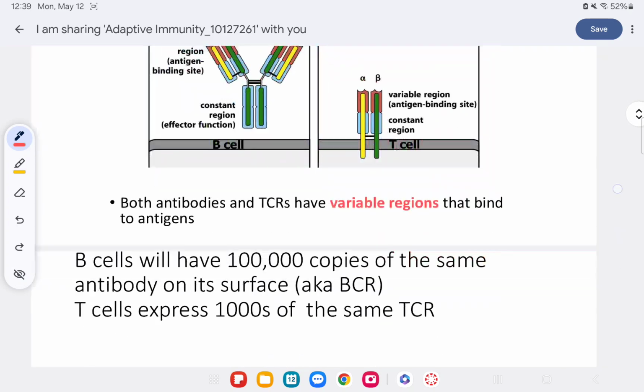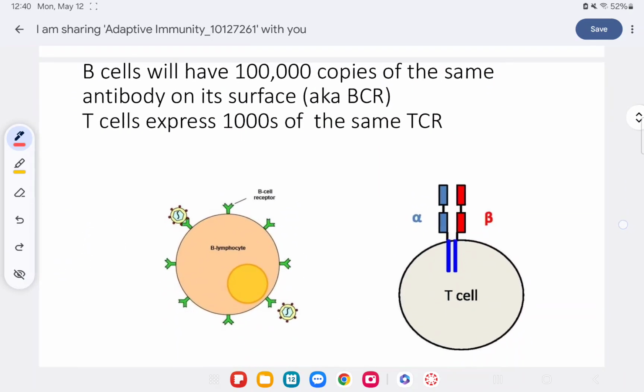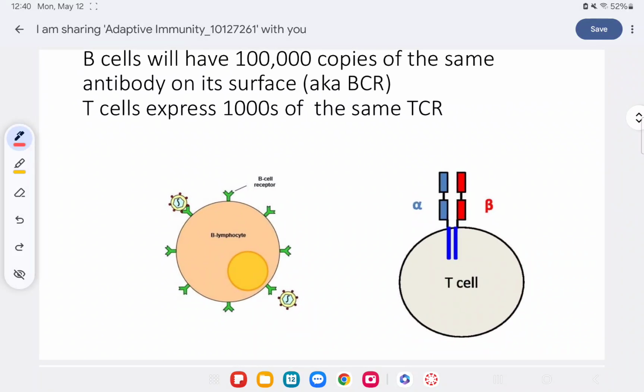On the surface of the B cell, they will have 100,000 copies of that same IgD. So in a moment, when we talk about how we stimulate a particular B cell, an antigen will land on its IgD. This thing is covered in IgD. If there is an antigen that's going to swing by, it will be caught. There's a ton on there.